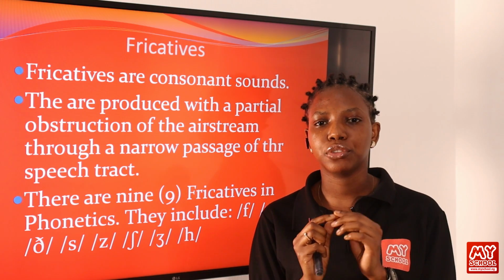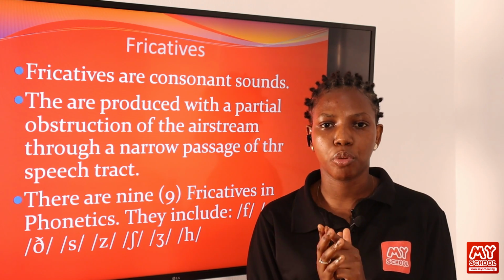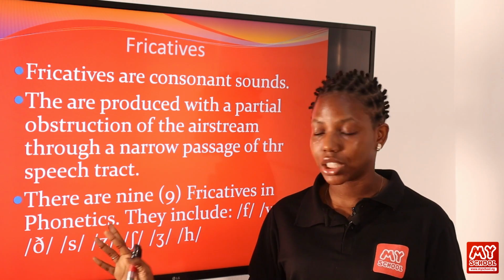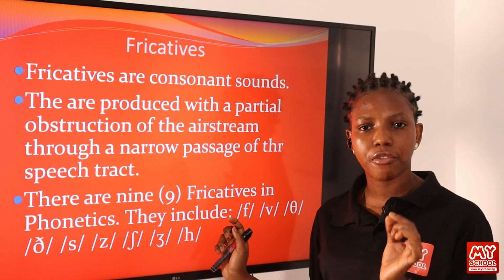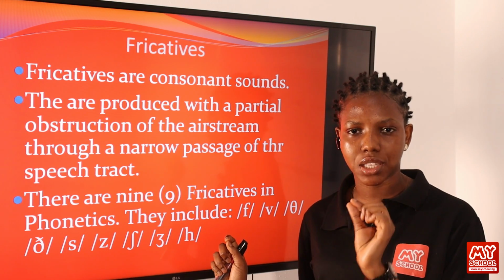Air has to rush out through that small space or narrow passage. There are 9 fricatives in phonetics. You can feel that there is a narrow passage and air is rushing out through that space.